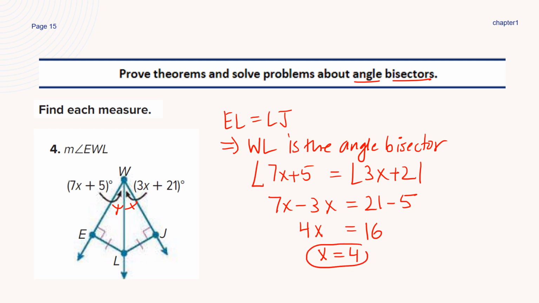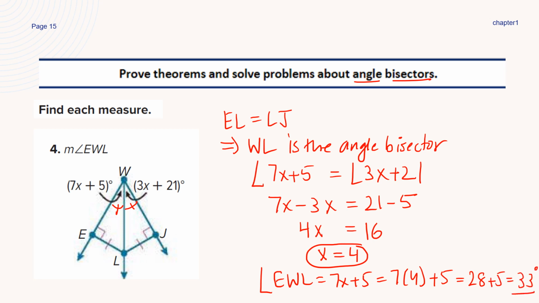So you have got x as 4, and if your x is 4, your measure of EWL would be 7x plus 5. So this is 7 times 4 plus 5. So this is 28 plus 5. So this is 33 degrees. So this is how you can do the angle bisector question using the theorem and property of angle bisector.